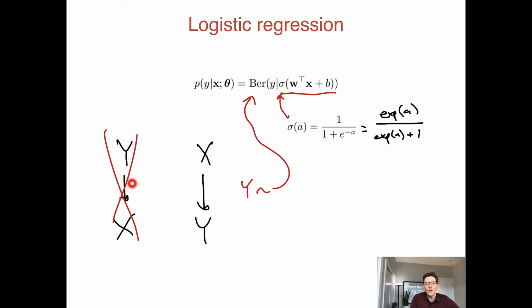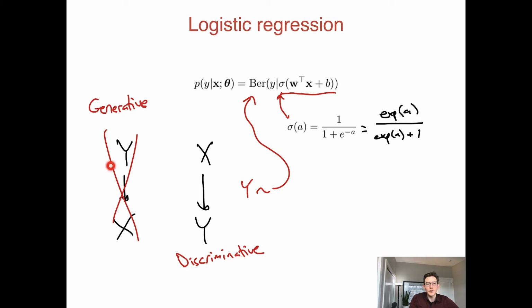So what we were looking at in the last section, the naive Bayes model and the Gaussian discriminant analysis, those are called generative classification models. In this section, we're going to look at logistic regression, which is an example of a discriminative classification model.